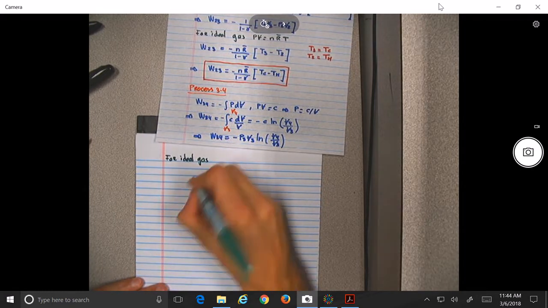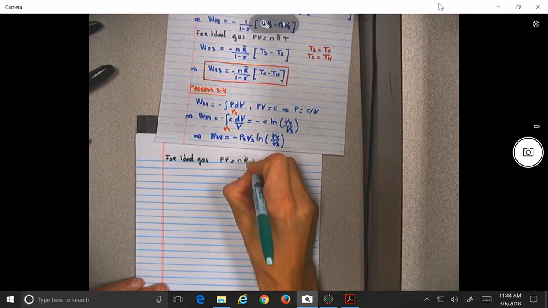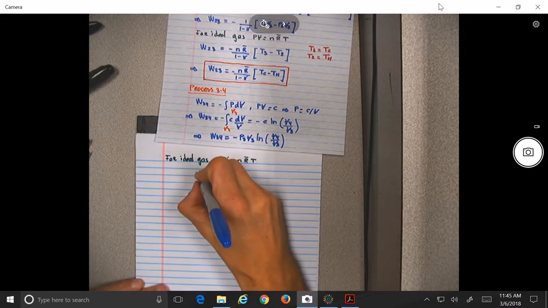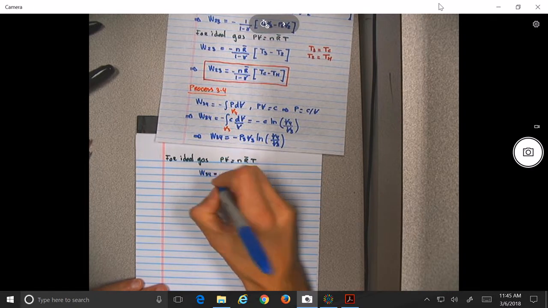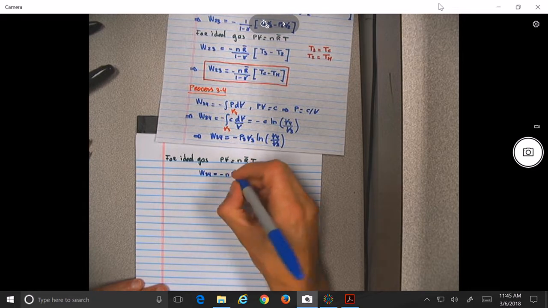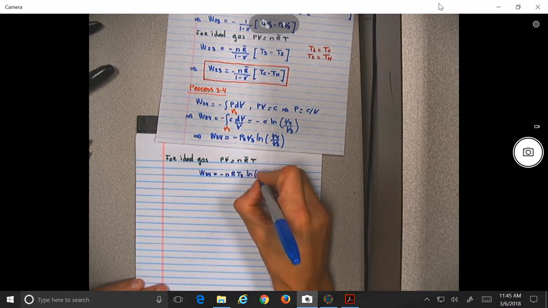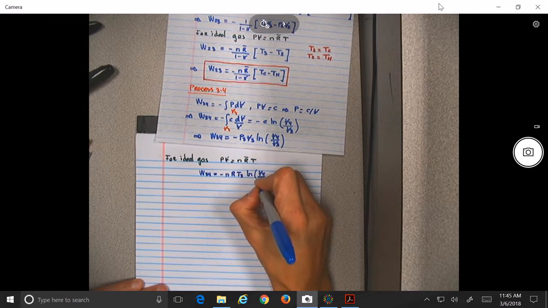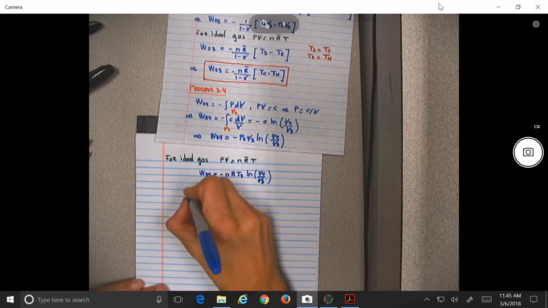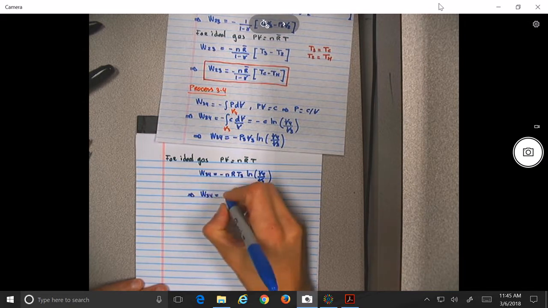So for ideal gas, PV equal nRT. So we get work 3/4 equal to minus nR T3 log V4 over V3, which will give what?